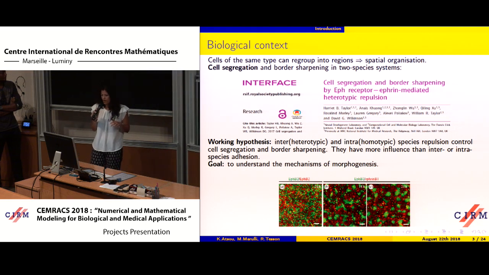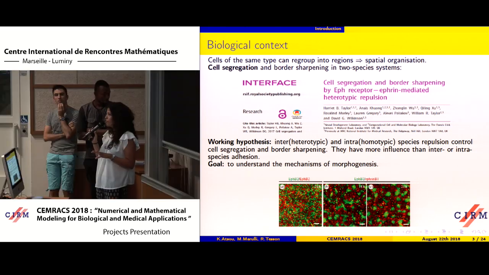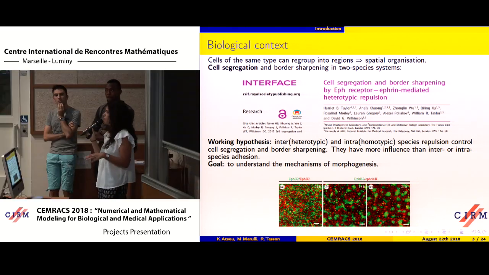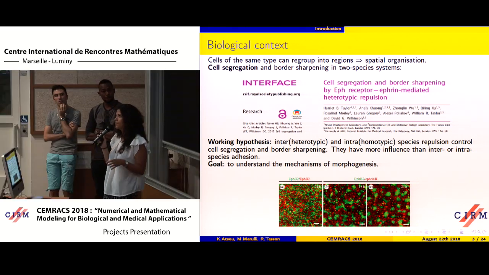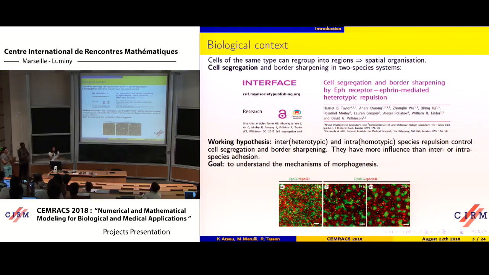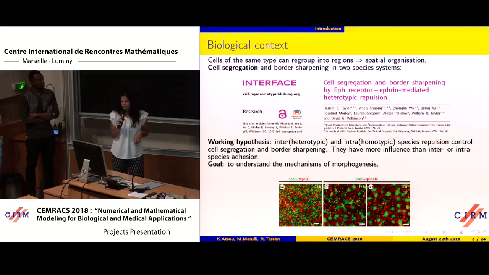Inter- or heterotypic repulsion is the repulsion between cells of two different populations, for example population A and population B. Intra- or homotypic repulsion is the repulsion between cells of the same population, the same family.